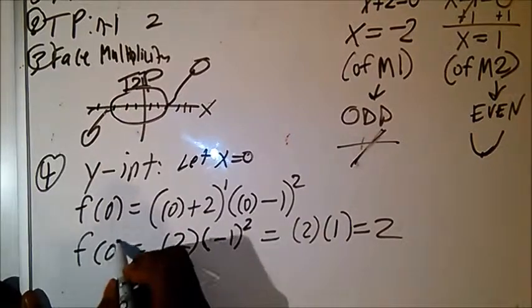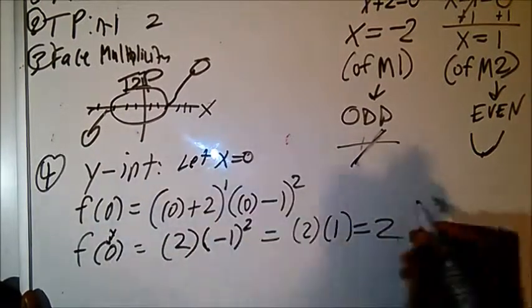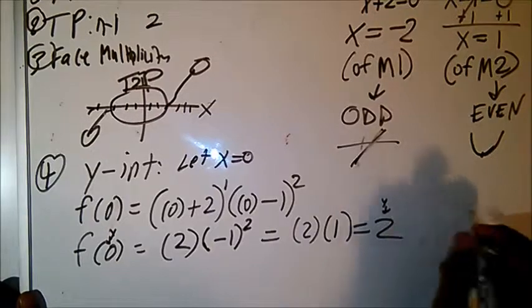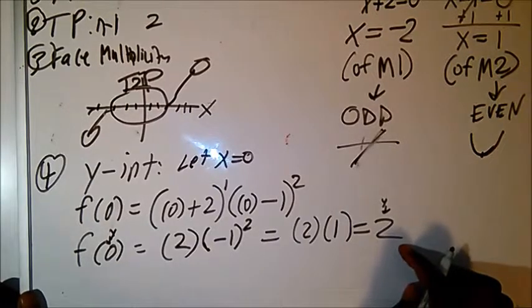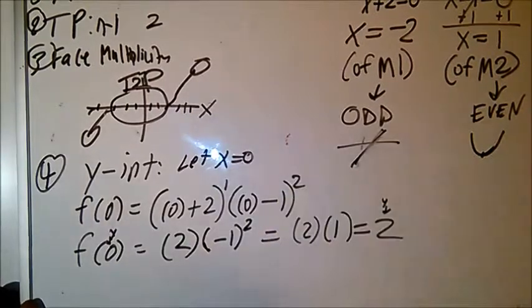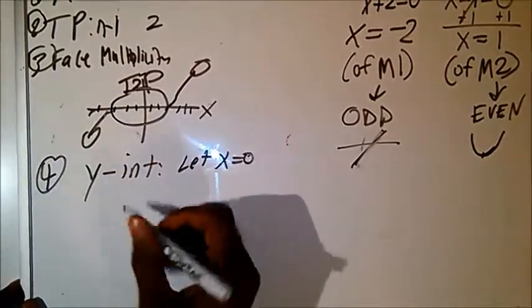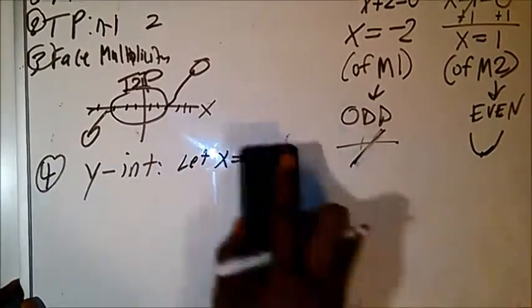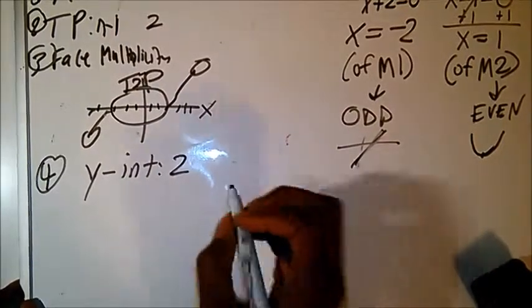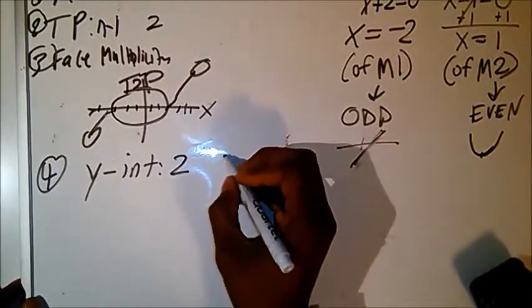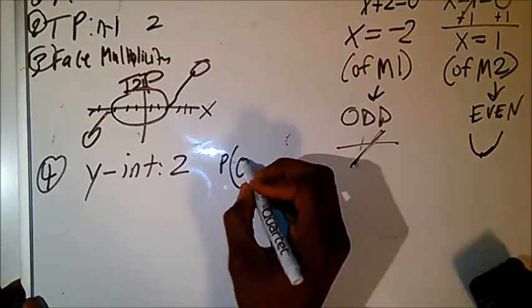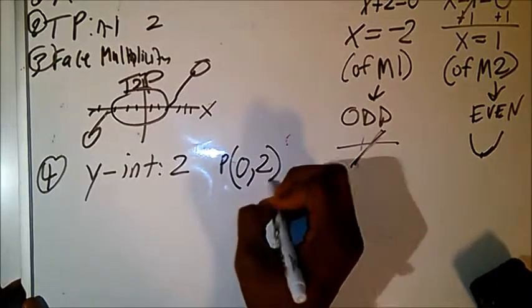So when x is 0, y is going to be 2. So our y-intercept is 2. And the point for this is 0, 2. When x is 0, y is 2.